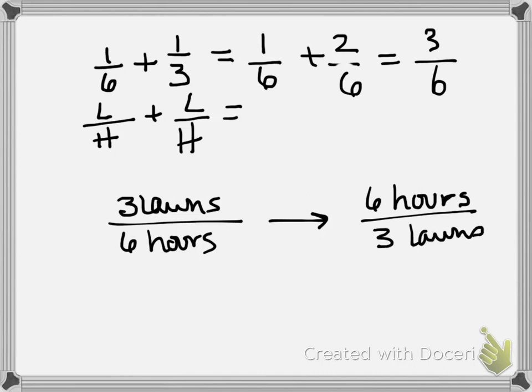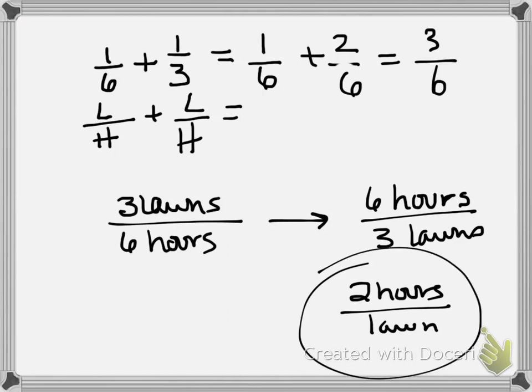That means it would take 2 hours per lawn. So if they work together, it takes them 2 hours to mow the lawn. That's cool because I combine their rates and I'm much faster working together than we are working independently.